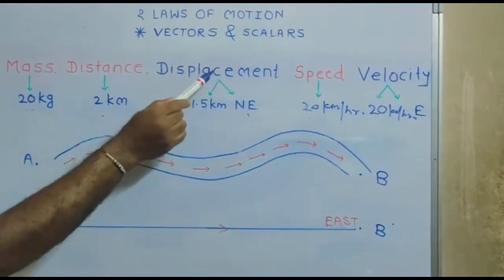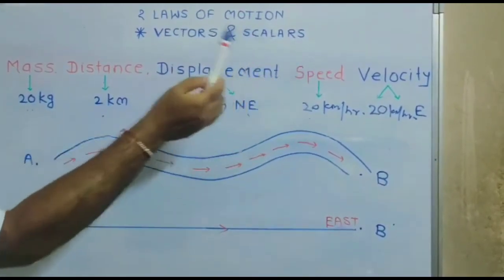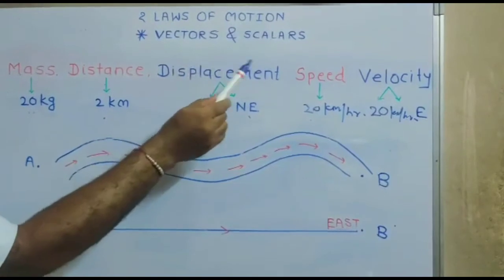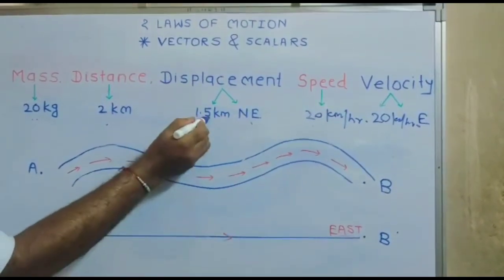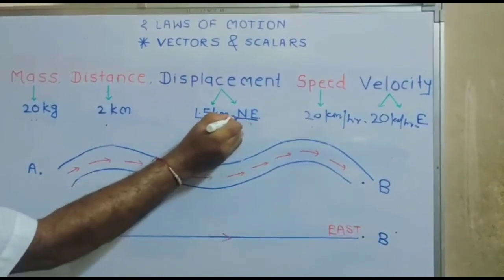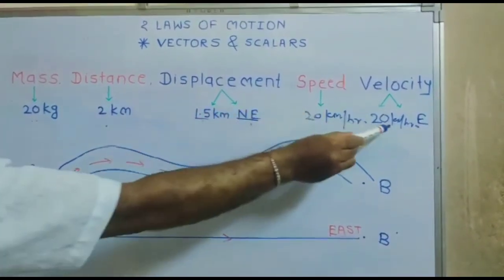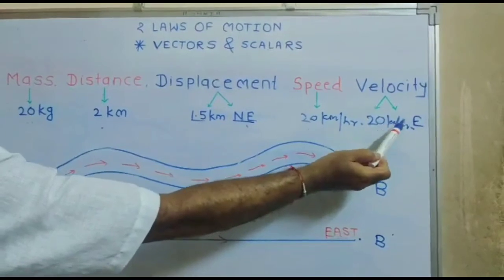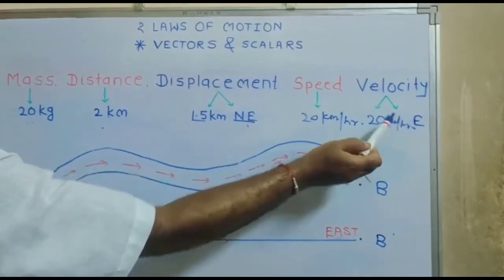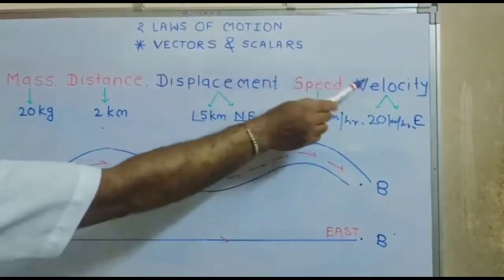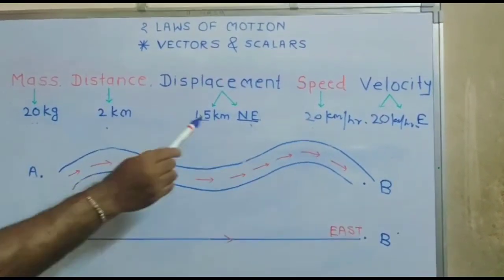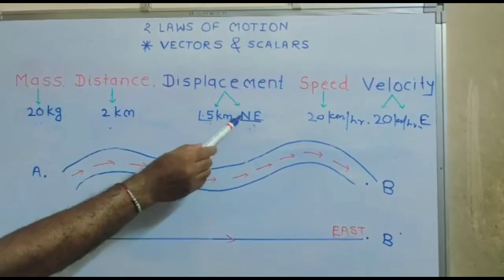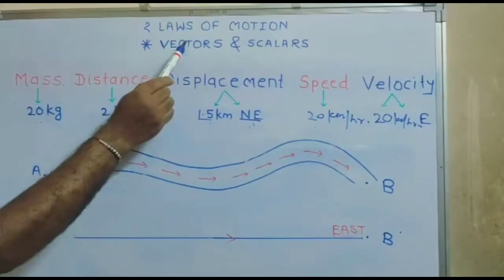And for the remaining quantities, displacement and velocity, we need the magnitude and direction. Therefore, such physical quantities which can be represented by magnitude as well as direction are known as vector quantities.